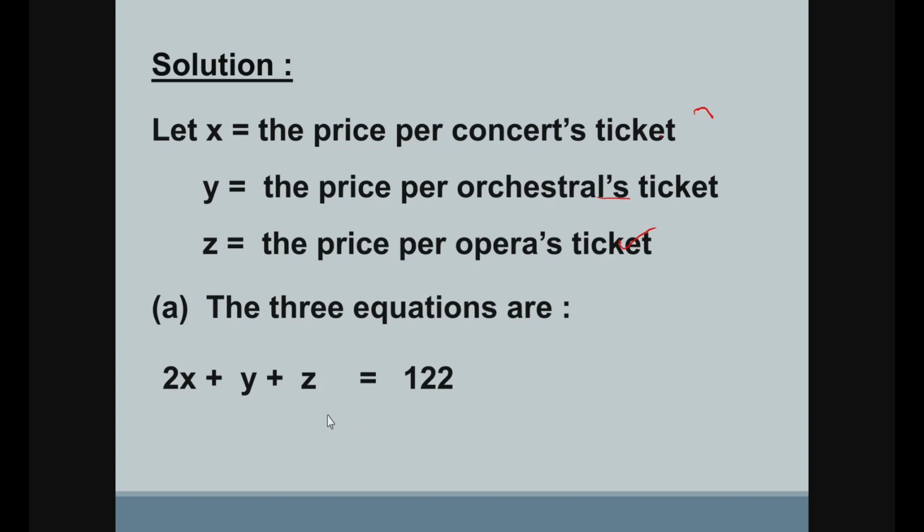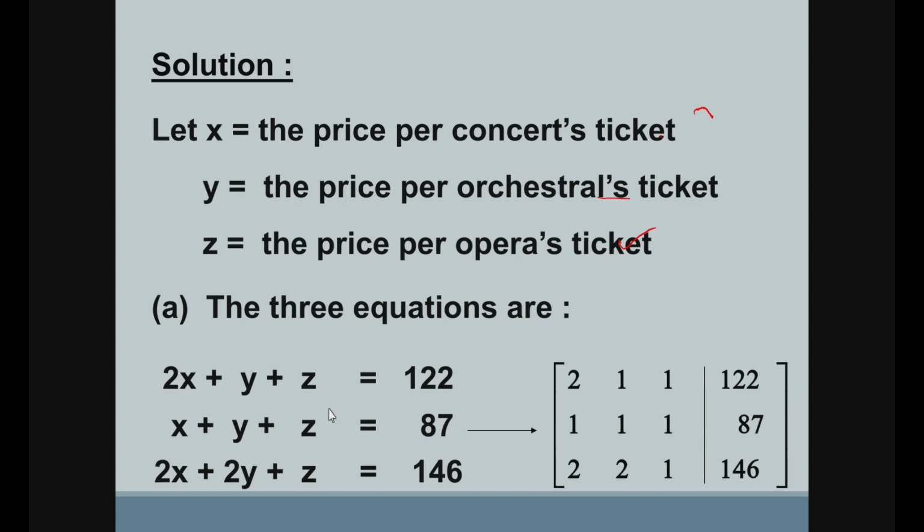For Bob, x plus y plus z equal to 87. And for Ravi, 2x plus 2y plus z equal to 146. So we change to this one. Okay, A and B. Okay, we need to solve the solution by using the Gauss-Jordan elimination method.